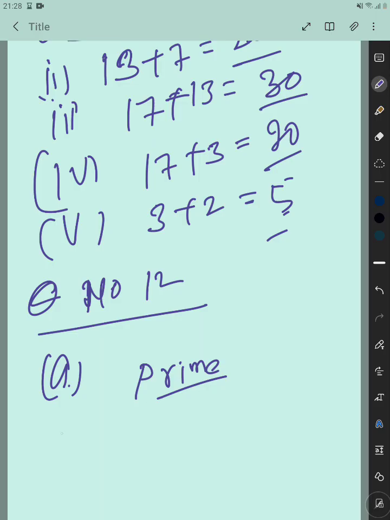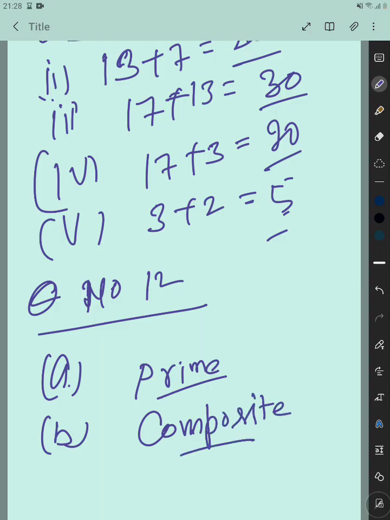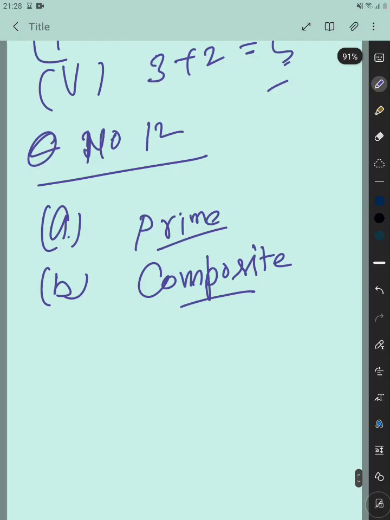Now B is a number which has more than two factors, it is called composite. So you need to write composite in the blank. One is neither prime nor composite.